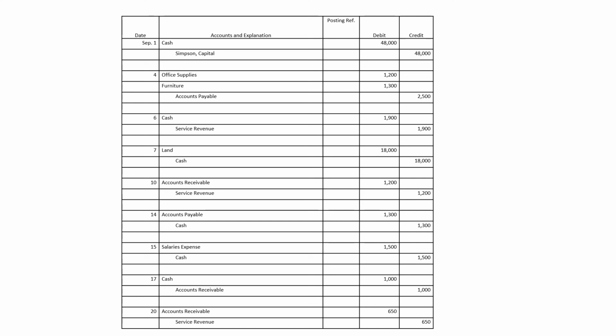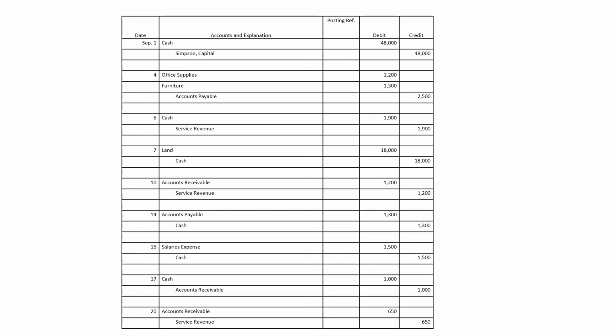The 14th, the company paid for the furniture purchased on September 4th on account. Well, up on the top, when the company purchased the furniture, they debited furniture to show there was more of the asset furniture and credited the liability accounts payable to show they owed that. Well, now they're paying that.